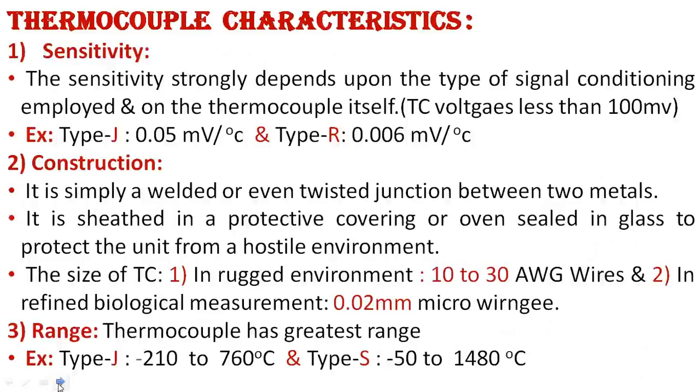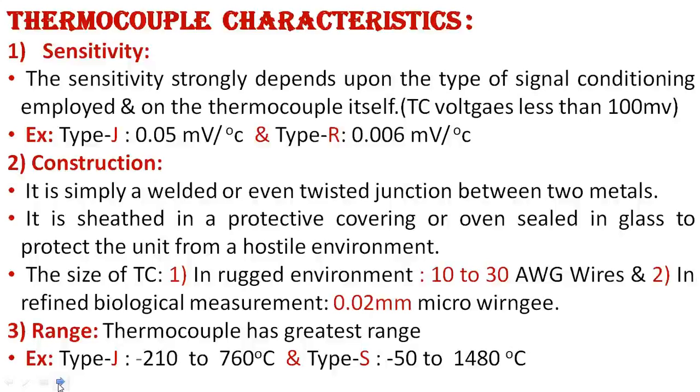First one is the sensitivity. The sensitivity strongly depends upon the type of signal conditioning employed and on the thermocouple itself. The TC voltages are less than 100 millivolt, for example type J is 0.05 millivolt per degree Celsius and type R is 0.006 millivolt per degree Celsius. Second is construction. It is simply a welded or even twisted junction between two metals. The sheath is a protective covering or oven seal in glass to protect the unit from a hostile environment.